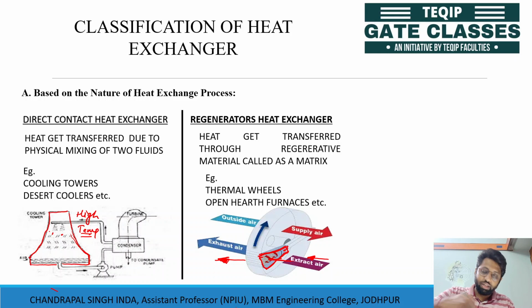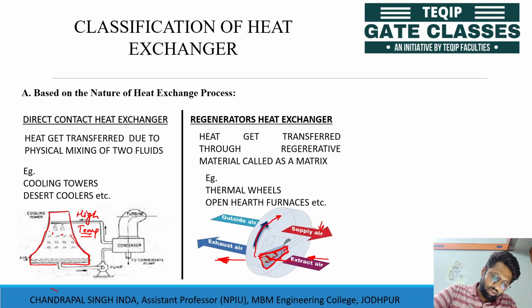In the next period, the wheel is rotated and it moves upward, where the surrounding air comes in contact with this matrix material, gets the heat, and gets heated. So this is how it works.